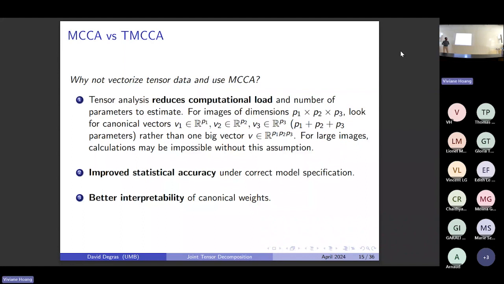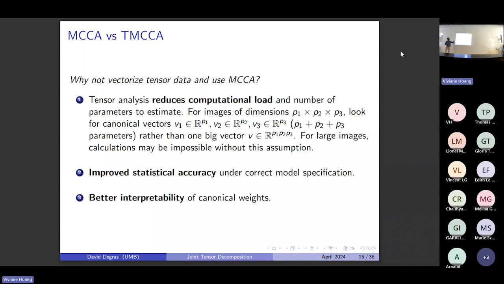So if you have something that's 10 by 10 by 10, if you vectorize it, that's 1,000. And then the covariance would be 1,000 by 1,000. It starts to be big. Of course, it can get much bigger than that. The advantage of working with tensors is that those dimensions, rather than multiplying, they add.